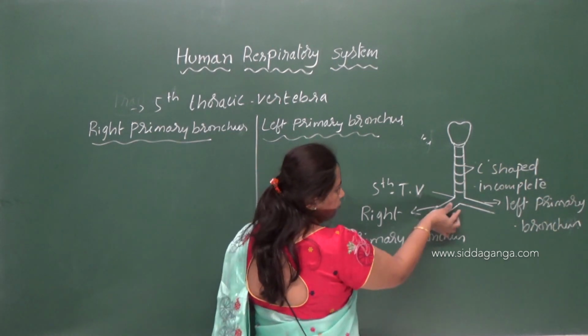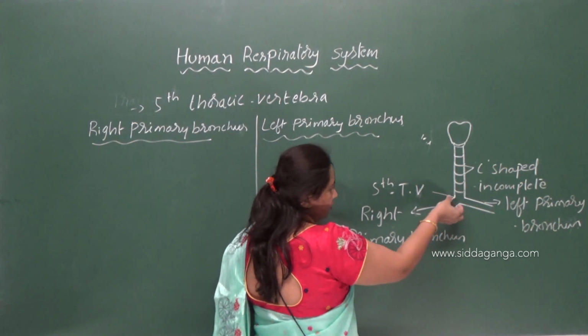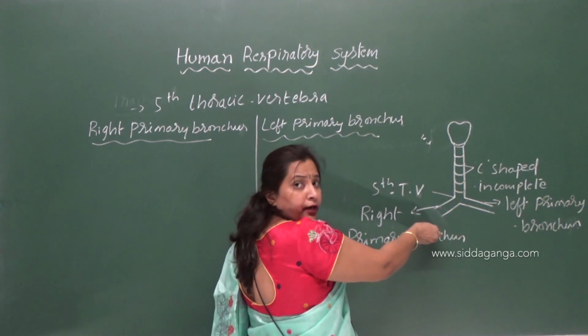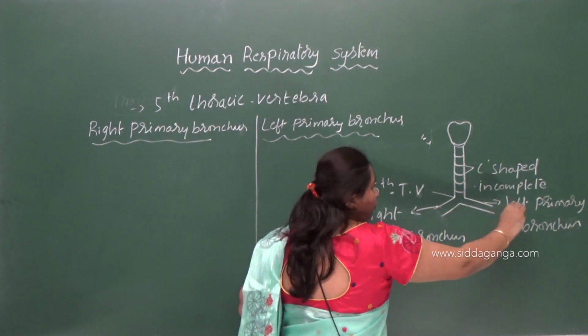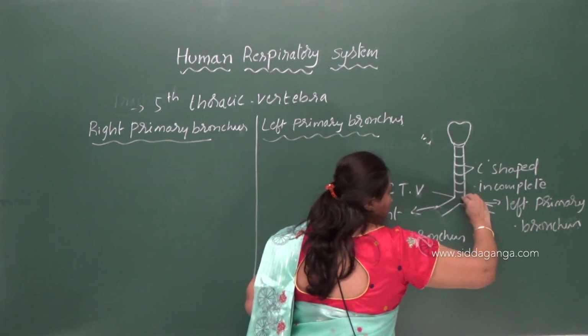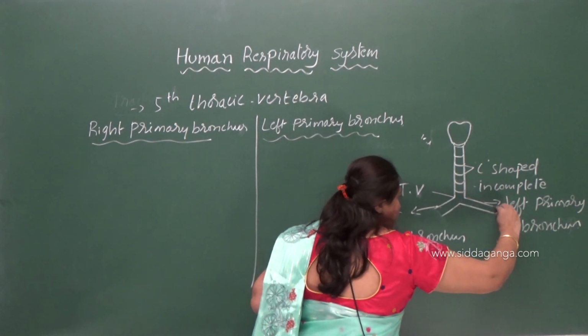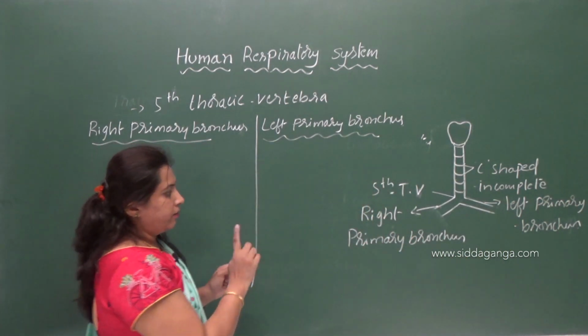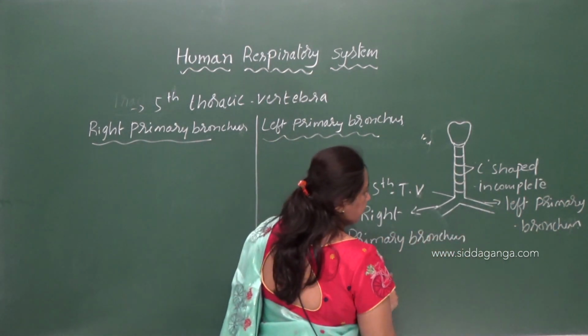And the right primary bronchus is more vertical, it runs like this, whereas the left primary bronchus is more horizontal, it runs like this. These are the differences between the right and left primary bronchus.